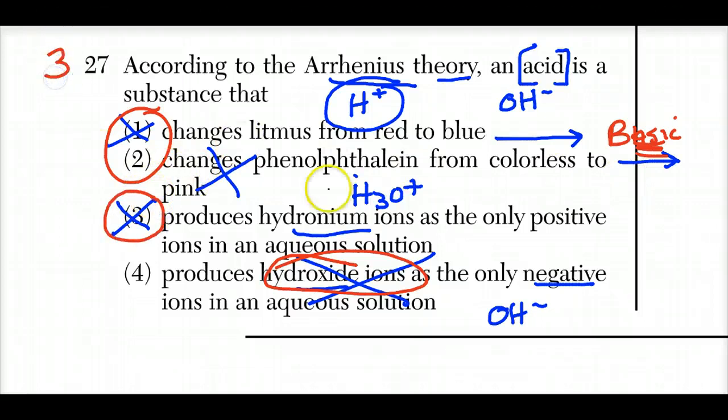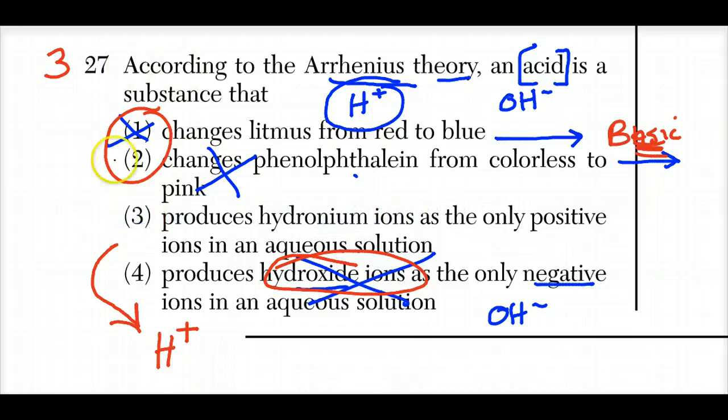I called the state on this a couple of years back. We had the test, and I never got a real good answer for this, other than looking at the best choice. Anyone who teaches this for a long time says that Arrhenius believed that H plus was the only thing positive. But in this case, the best answer would have to be 3. If it bothered you, good for you, because they really are stretching the definition of Arrhenius here.